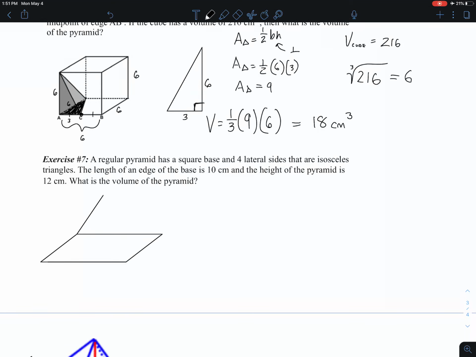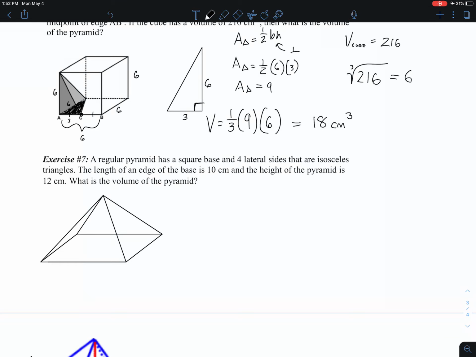Actually, let's make this a little bit more like this, so I can see that side here, and there we go. So the lateral sides, or the lateral means like up and down, like a ladder, right? So this would be a lateral side, right? There's 4 lateral sides in here, and they're all isosceles triangles, right? Which means the base angles are the same, and these lines, these guys here, are also the same.